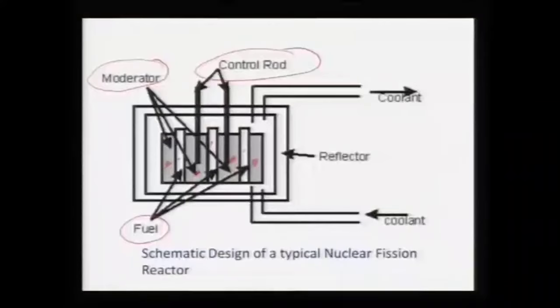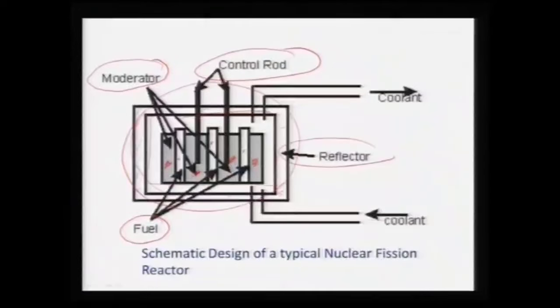That is it. And then you have this reflector outside this. This is your reaction core, in which you have moderator and the fuel, and then outside here is some kind of envelope which reflects the neutrons. If neutrons try to get out of this reactor core, some of them will be reflected back. Then the heat that is generated here, if that heat is to be used to produce electrical energy, then that heat is to be taken out.